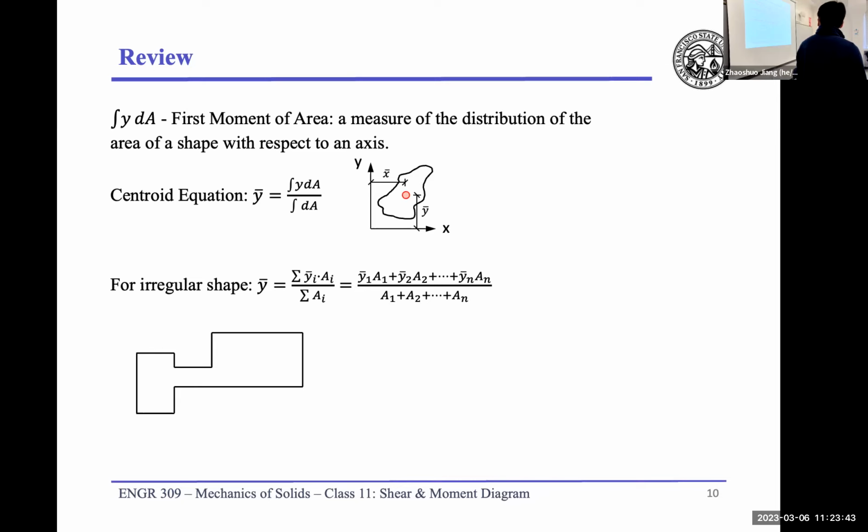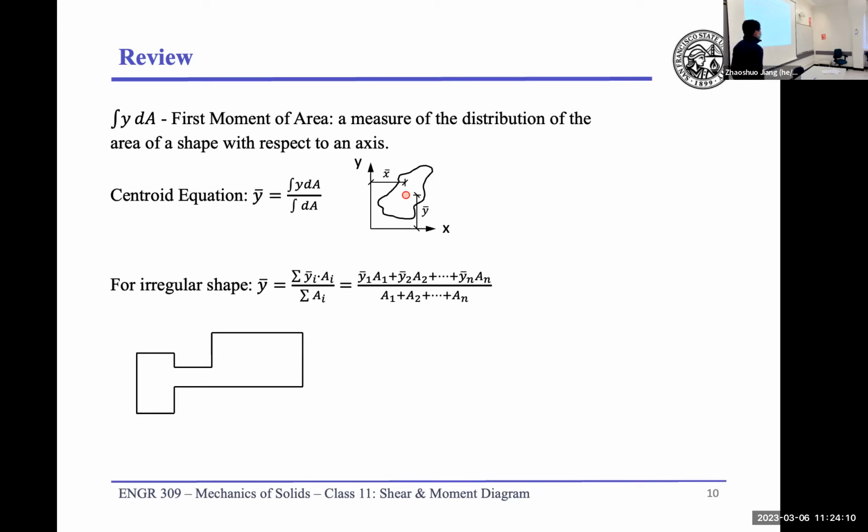With that information, we can go through this equation, which basically says the centroid of this irregular shape is equal to the sum of the areas of the individual shapes times the centroids of the individual shapes, divided by the overall summation of the subareas.